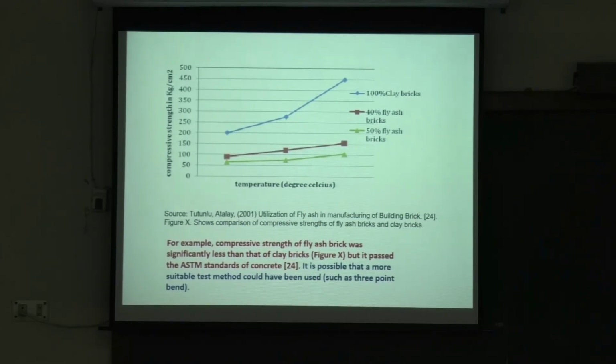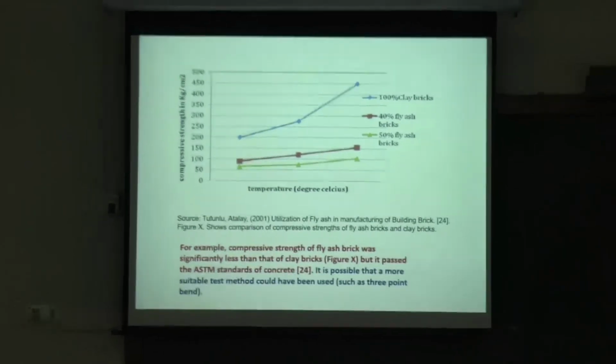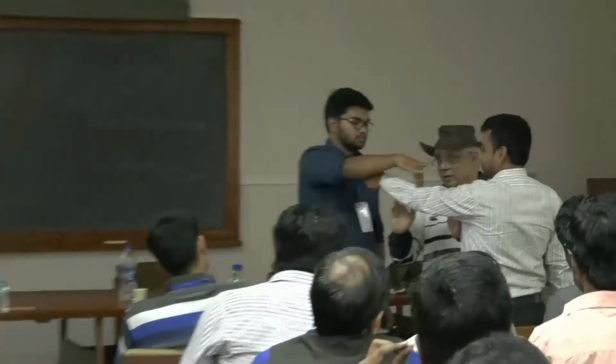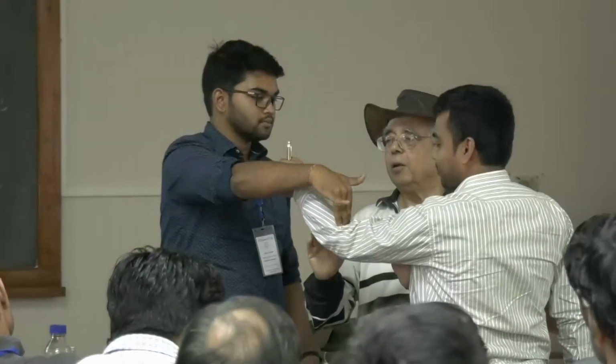You put your hand, I put my hand here, and you push it from the top. In the middle you push. So it is bending. Can everyone see? So this is the supporting, and this is pushing there. So that is the 3-point bend.